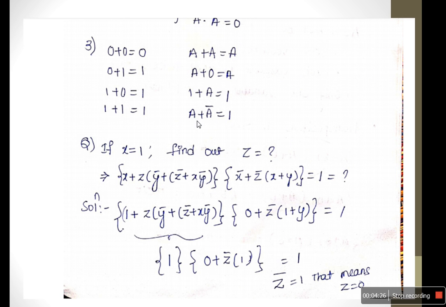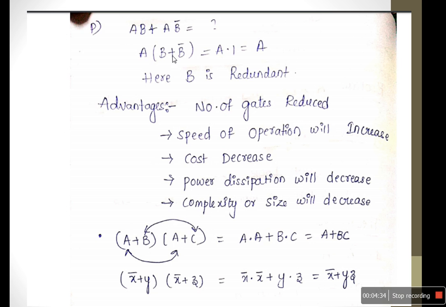Whenever you have a plus a bar, or b plus b bar, c plus c bar, you have to write 1. So in place of b plus b bar, I write 1. So a into 1 equal to a. Here in this expression, we are totally eliminating the b value by using the theorems. This b is called the redundant term.